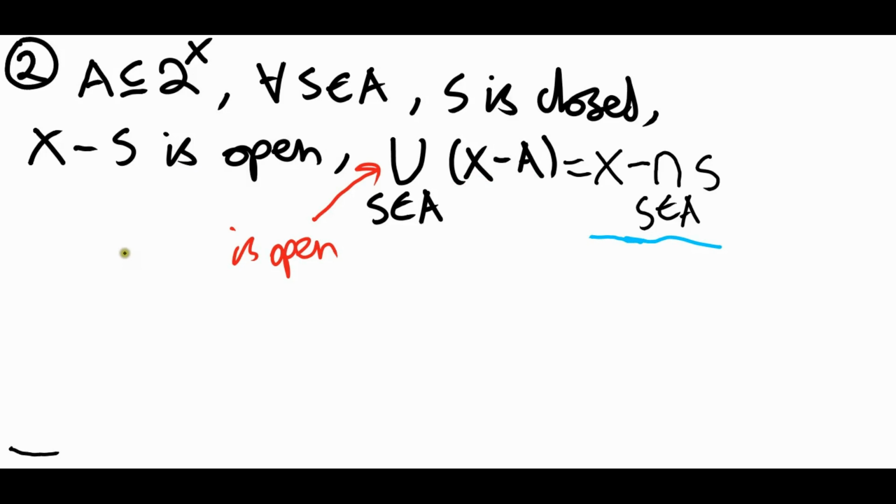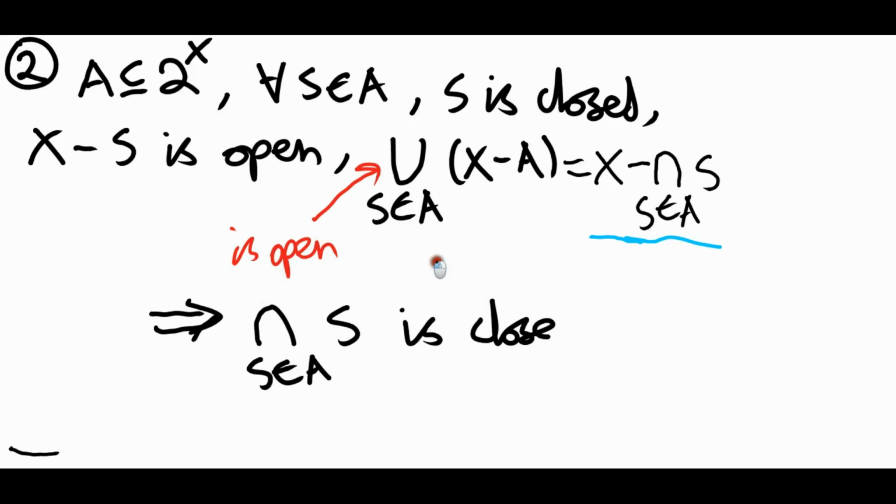Okay, so what this implies now is that the intersection of all S in A is going to be closed because its complement is open. That's the definition of a closed set. So this has now proved point 2 of our proposition.